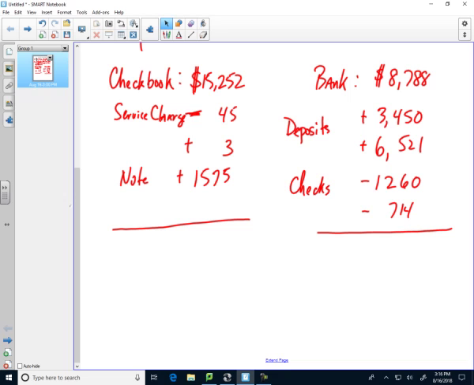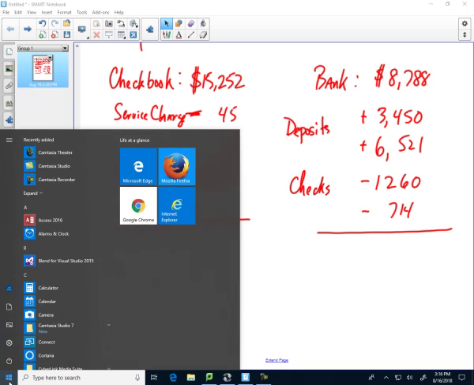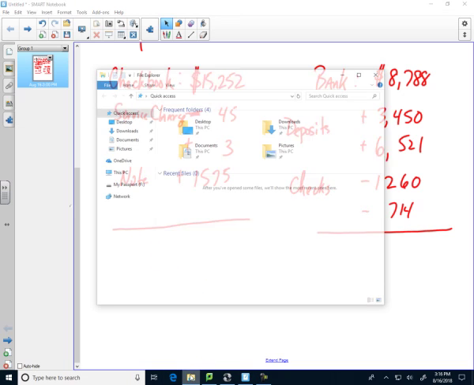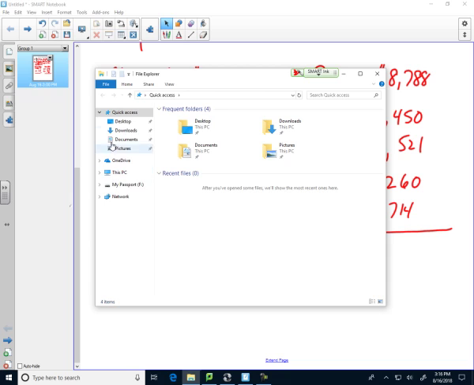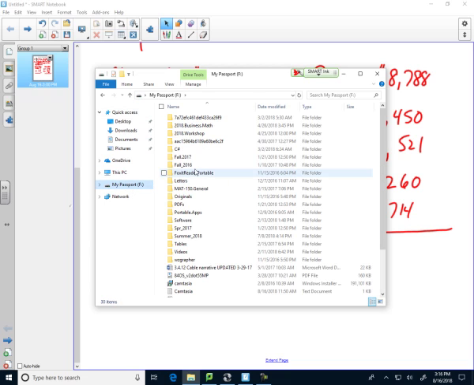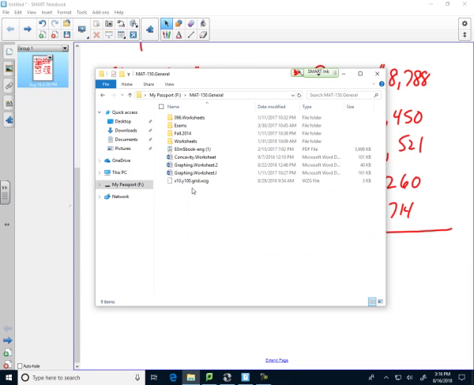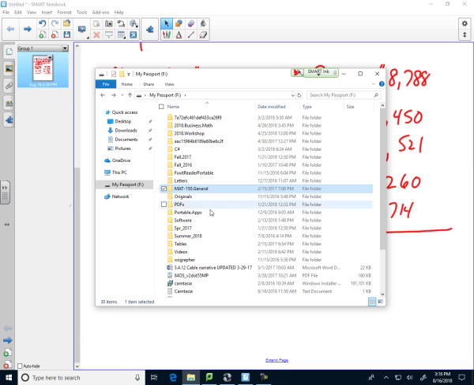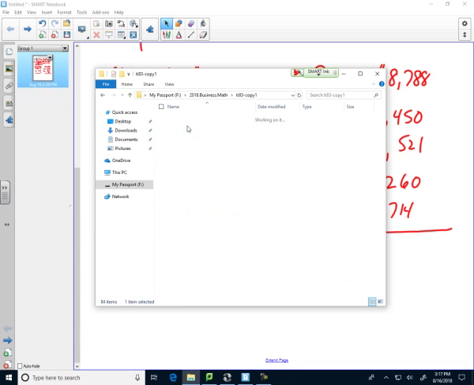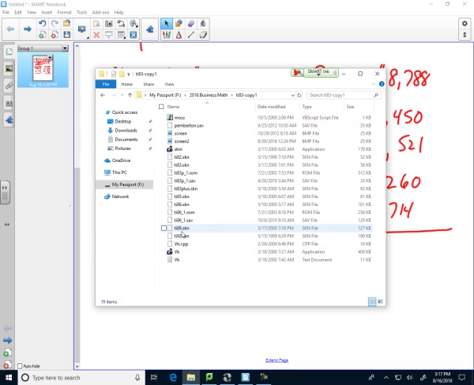Now, let me see if I can find a calculator. I should have one on here somewhere. Here you go. Where's the EXE file? There it is.